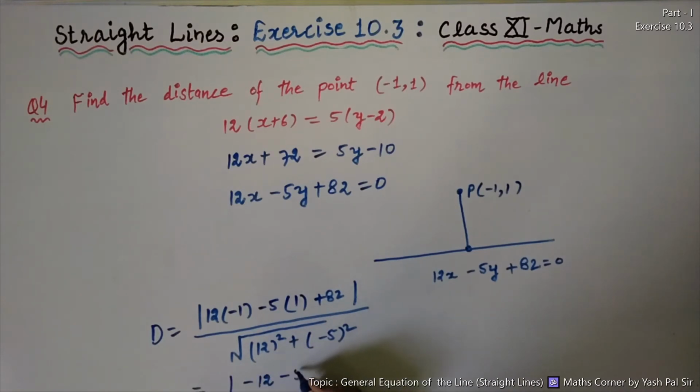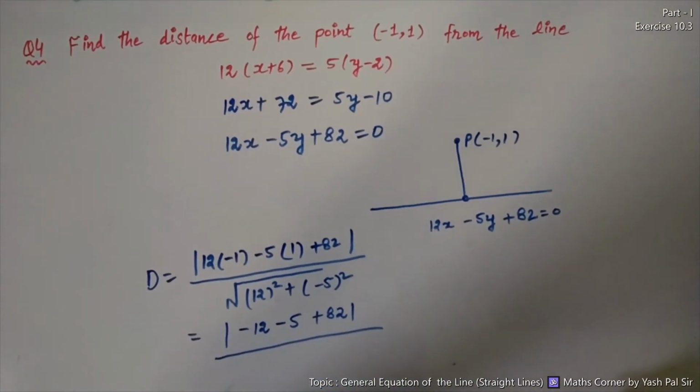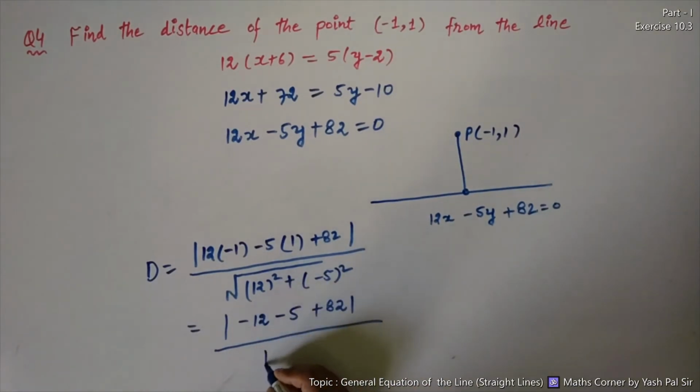Now solving this we have modulus of minus 12 minus 5 plus 82, whole divided by square root of 144 plus 25.